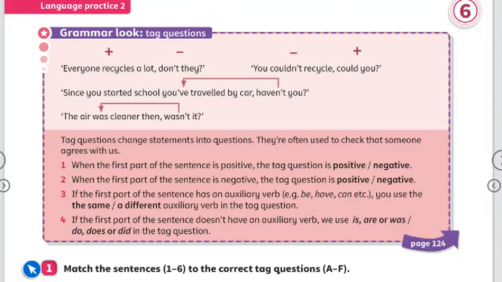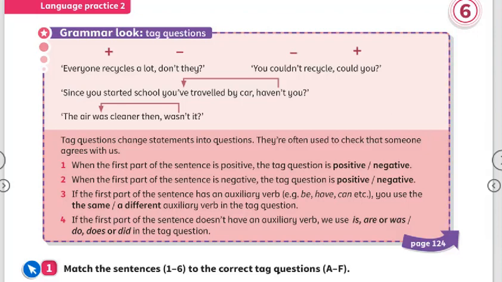Okay, guys, now, when the first part of the sentence is positive, the tag question is correct, negative. Number 2, when the first part of the sentence is negative, the tag question is good, positive.